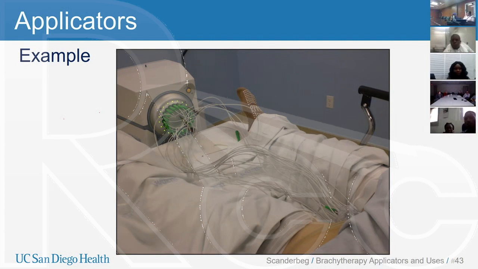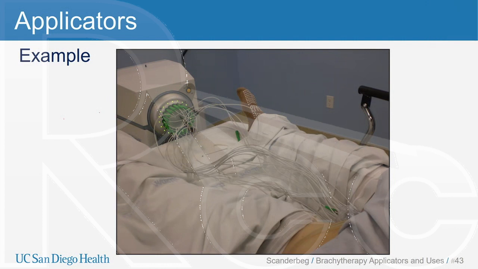Since the transfer guide tubes for this particular vendor, applicator, and afterloader can be connected to any needles, these aren't keyed in any way. So channel 1 could be connected to needle 14 and, vice versa, all over the place.